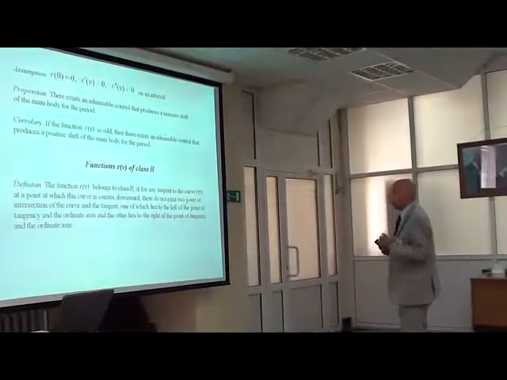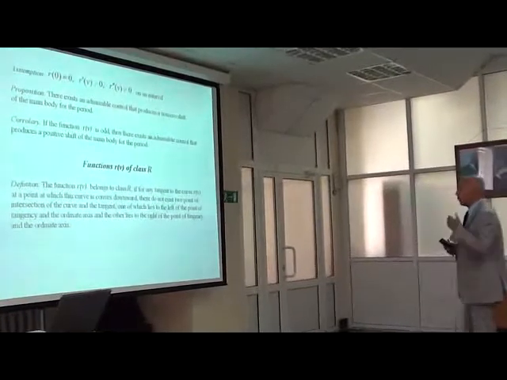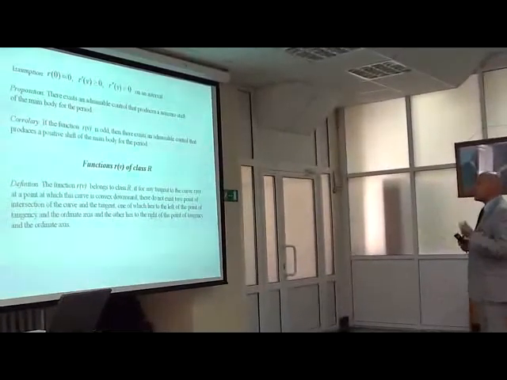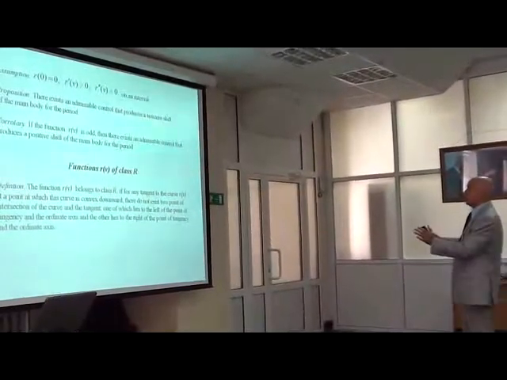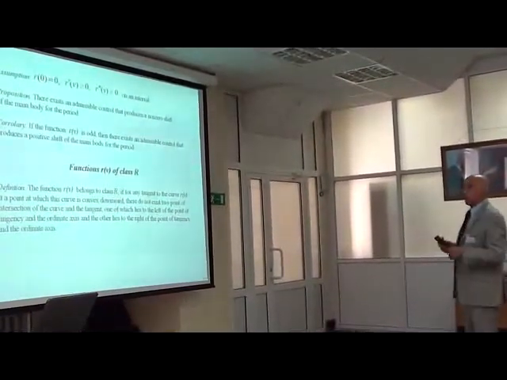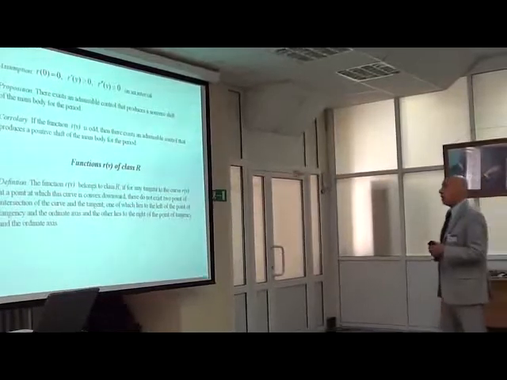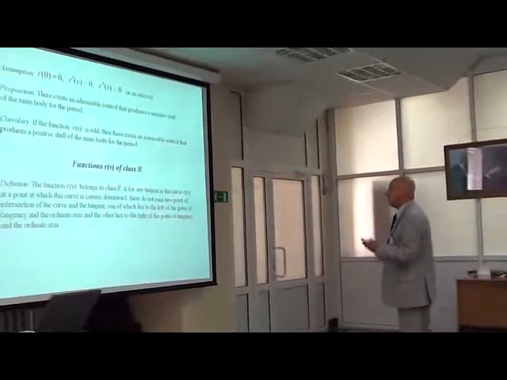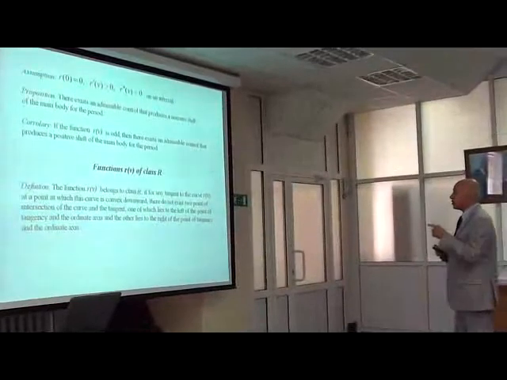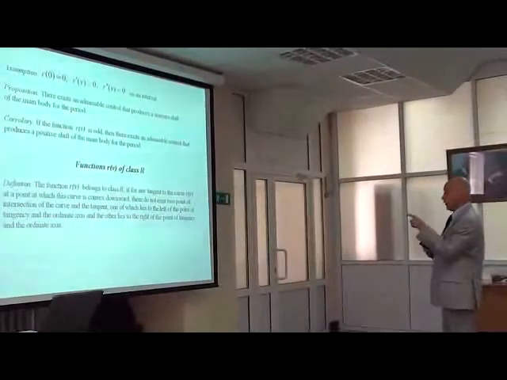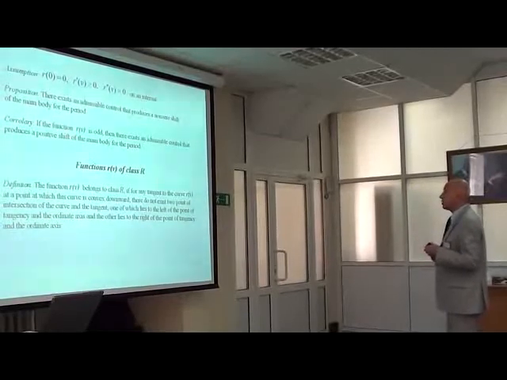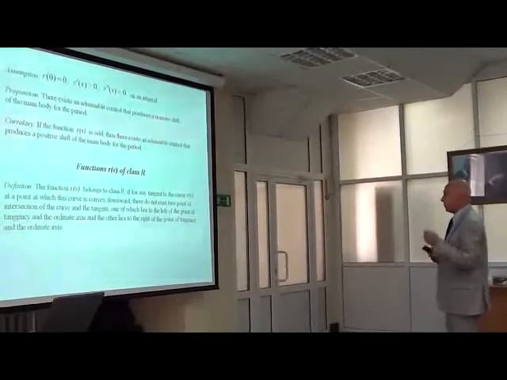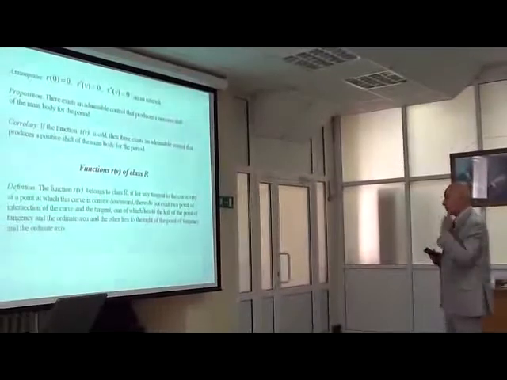It can be only equal to 0 at some points. And then there exists an admissible control that produces a non-zero shift of the main body for the period. As a corollary, if the function R of V is odd, then there exists an admissible control that produces a positive shift of the main body for the period.